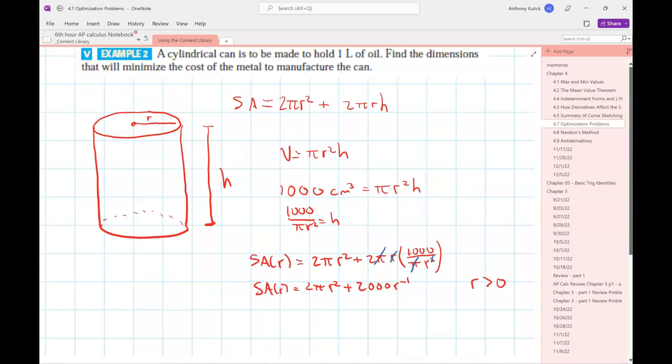Yeah, like remember the oil slick related rates question? Same kind of idea. So this is unbounded. So what does that tell us? We're going to be using our 4.3 ideas here. Okay. All right. So let's do our derivative.